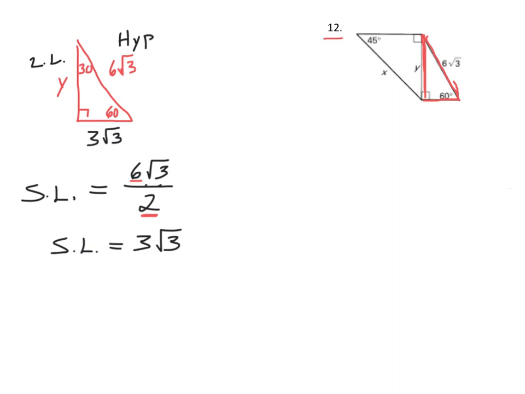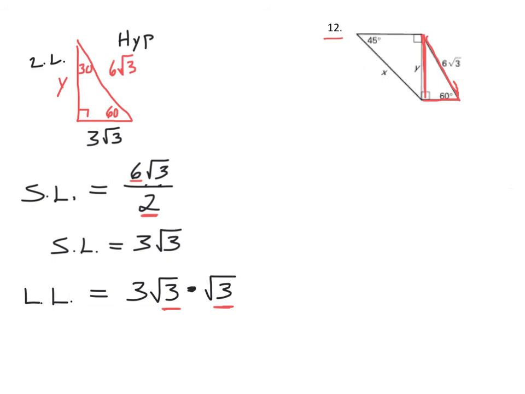Now, the piece I'm actually concerned about finding is the long leg. So in order to find the long leg, I'm going to take the short leg and multiply it by radical 3. So let's replace that with what we have for the short leg. I just found out the short leg is 3 radical 3. Well, in this case, I can actually multiply my radicals together.